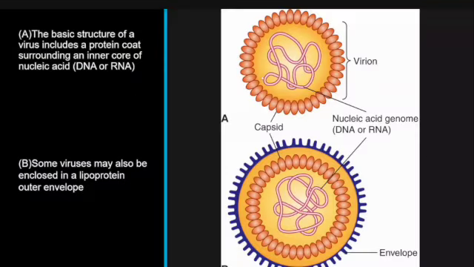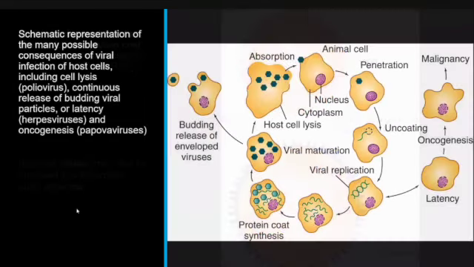So here's your basic structure, with or without an envelope. Your basic virion, with your DNA or RNA, and then you have your envelope, which is lipoprotein that is essentially pinched off as it exits the cell. It's part of the host cell's outer cellular membrane.